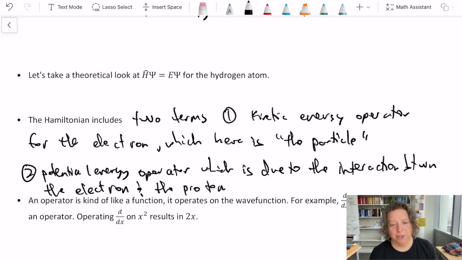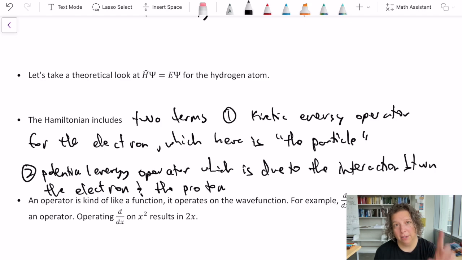It's an isolated hydrogen atom, so it doesn't interact with anything else. It's all by itself. So the electron only really has the opportunity to interact with the proton, and that's where the potential energy is going to come from. So that proton sets up a field, and so the electron has kinetic energy pursuant to that field. We assume that the proton is held fixed, so it does not have a kinetic energy.